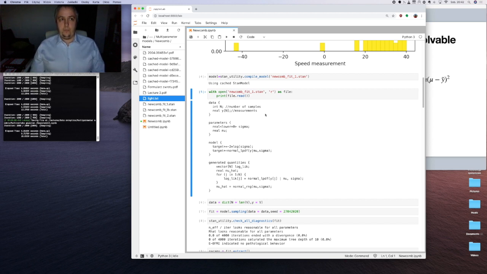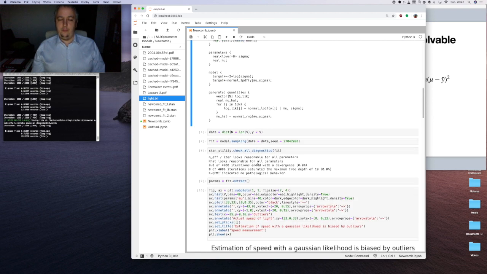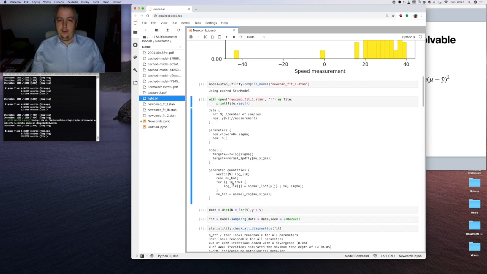Either way, what we have here, our model is a normal likelihood and this uninformative 1 by sigma squared distribution. In order to specify our model using logarithmic likelihood, we need to add logarithms of all the terms of our posterior distribution.